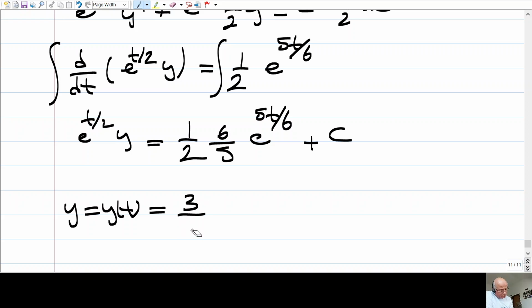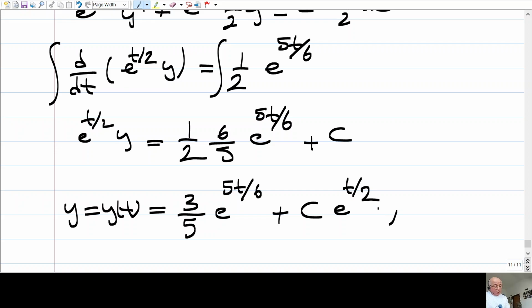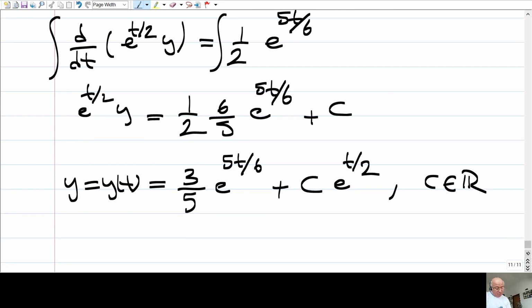No, 3/5 e to the power 5t over 6 plus c times e to the power minus t over 2. And what is the c? c is an arbitrary constant, so it's any real number. Okay, so this is the solution I have obtained.